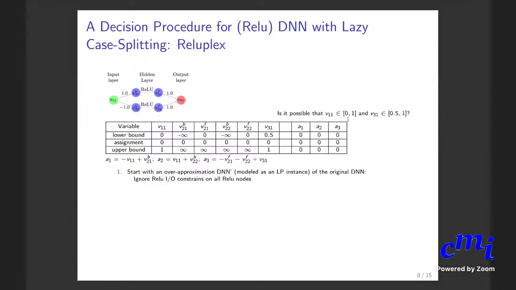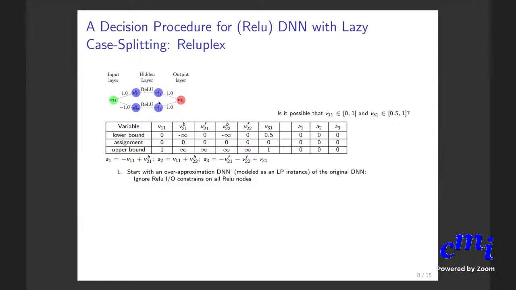That's why V11 and V31 have some required bounds in here. Since we're trying to prove that V31 is between 0.5 and 1 whenever V11 is between 0 and 1, the properties will impose the lower and upper bound on these variables.